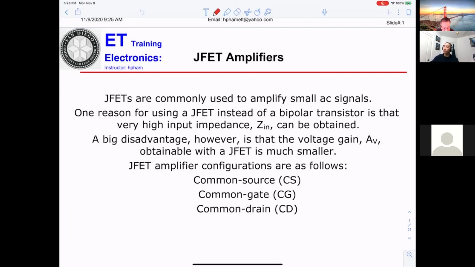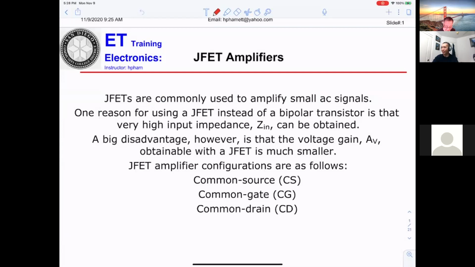A big disadvantage, however, is that the voltage gain obtainable with the JFET is much smaller. So if you want more gain, then you can use the bipolar transistor. JFET does not give you much gain, okay?